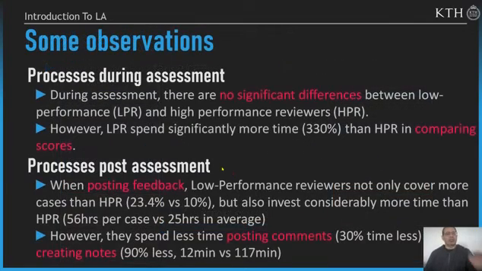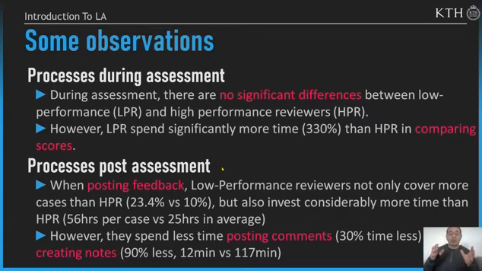So summarizing the observations, in the process during assessment there are no significant differences between low performance and high performance reviewers. However, there is a quite interesting difference in terms of comparing scores.